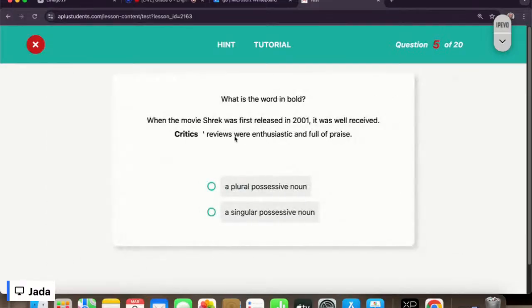Then: When the movie Shrek was first released in 2001, it was well received. Critics' reviews were enthusiastic and full of praise. First or the second one.